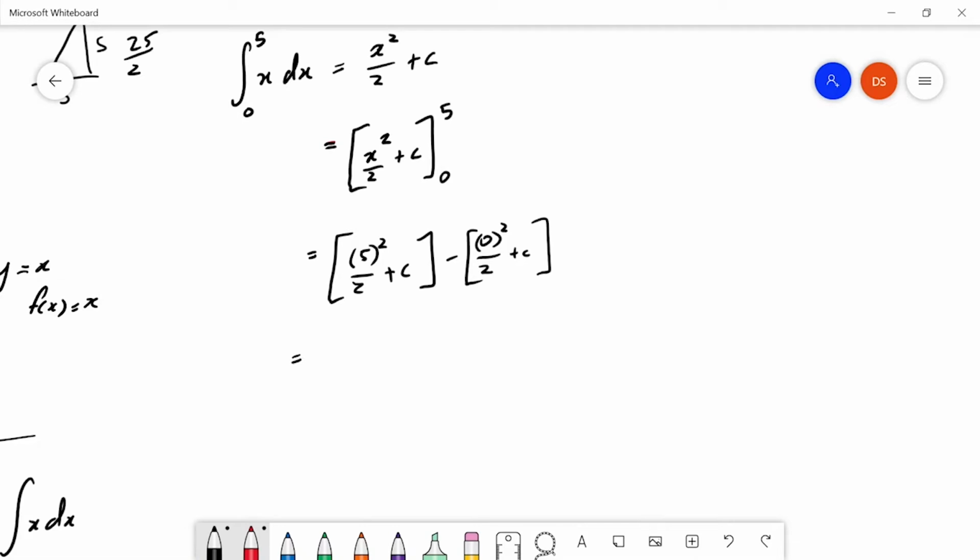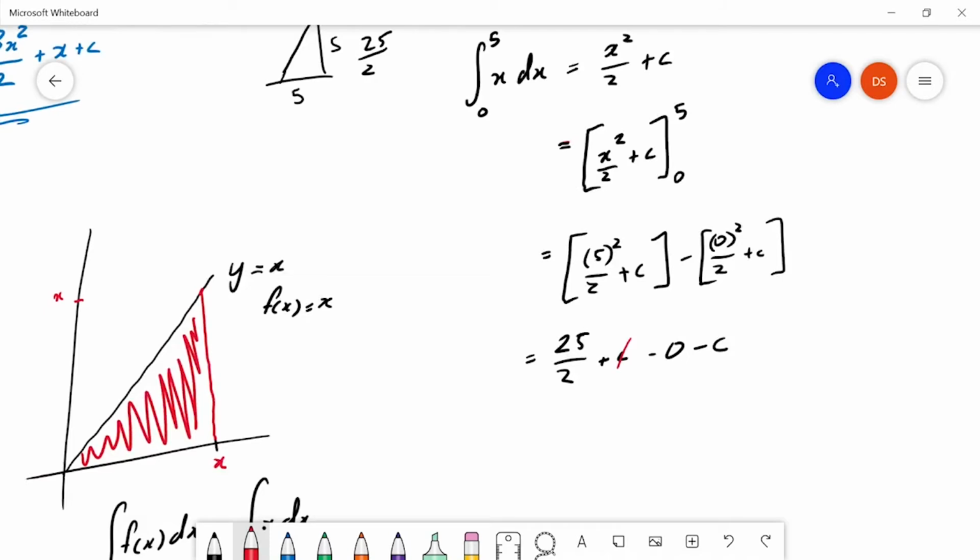Then we get 25 on 2 plus c minus 0 over 2 minus c. If you see, the c and the c cancel. And because of that, I'm left with 25 on 2 as my area. And the c disappears. And so, what I've just done is called a definite integral.